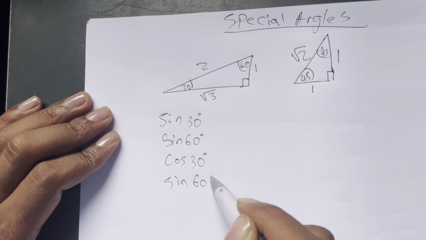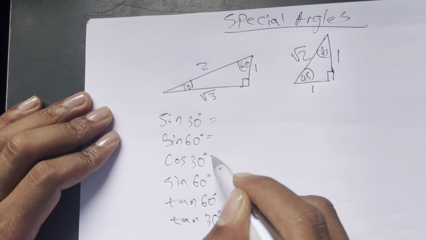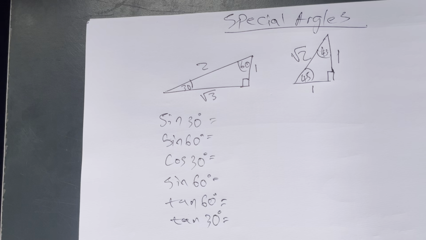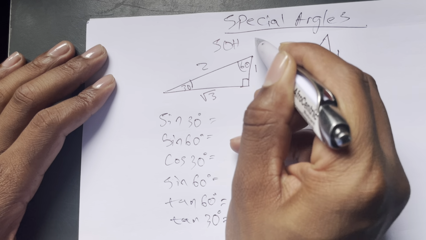cos 60 degrees, and tan 60 degrees, and tan 30 degrees. Okay, so now remember the SOHCAHTOA.